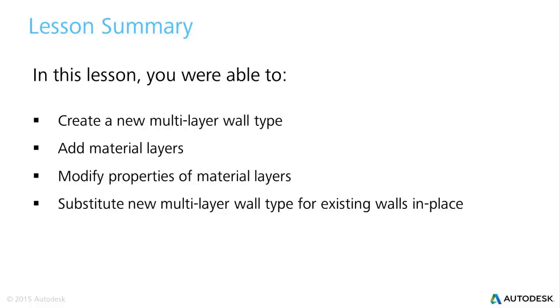And then in the wall structure editor, we were able to add new materials and then assign it function, material, and thickness properties. And then last, we were able to apply that new wall type to a selection set to make a substitution in place. And this all serves as a great introduction to creating your own wall types.